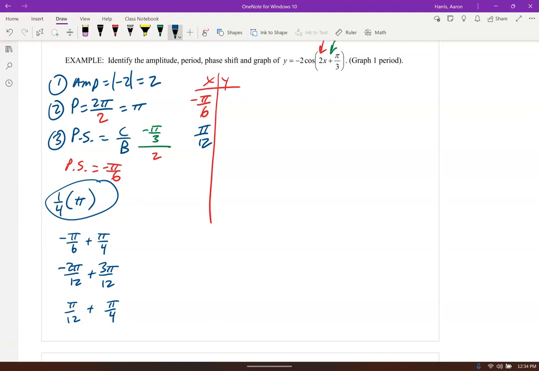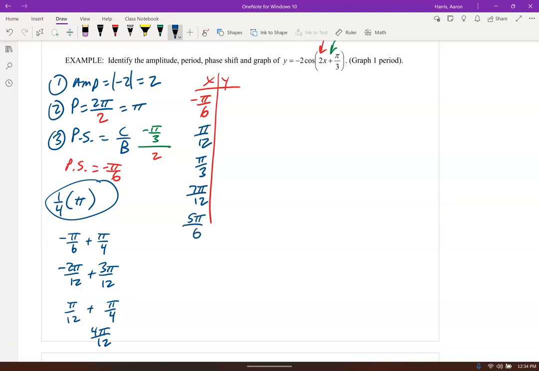Well, pi 12ths plus 3 pi 12ths is 4 pi 12ths, or pi thirds. So there's our next one. So 4 pi 12ths plus another pi fourths will give you 7 pi 12ths. 7 pi 12ths plus another pi fourths gives you 5 pi 6ths.